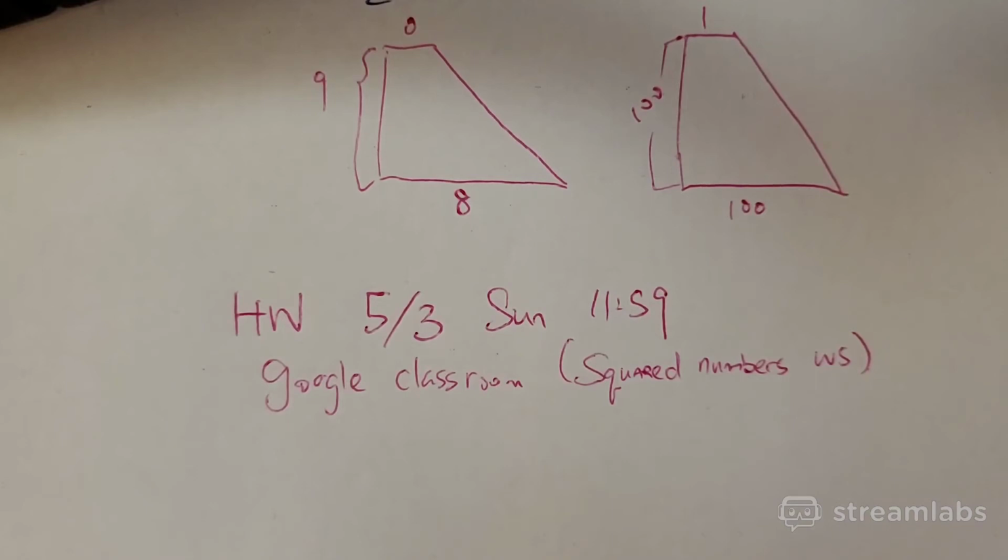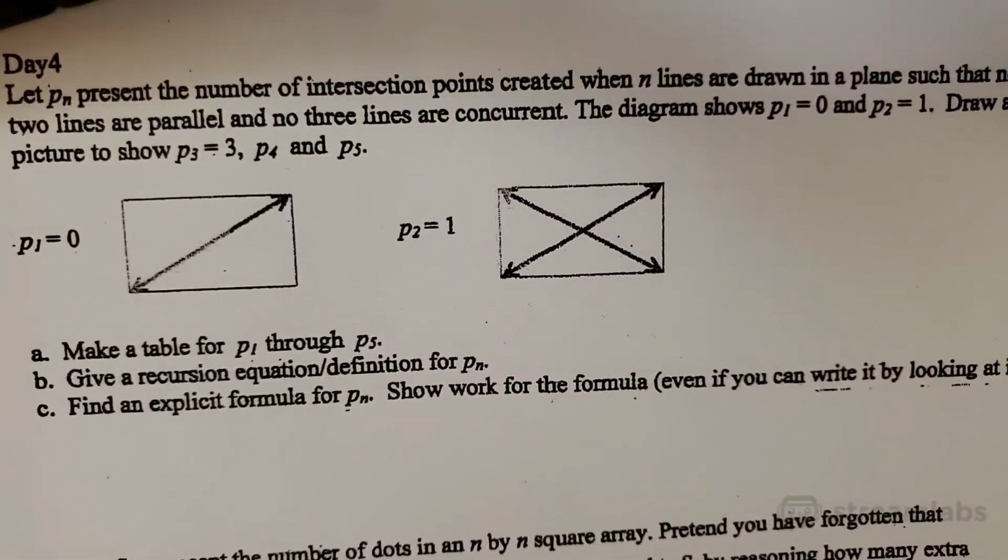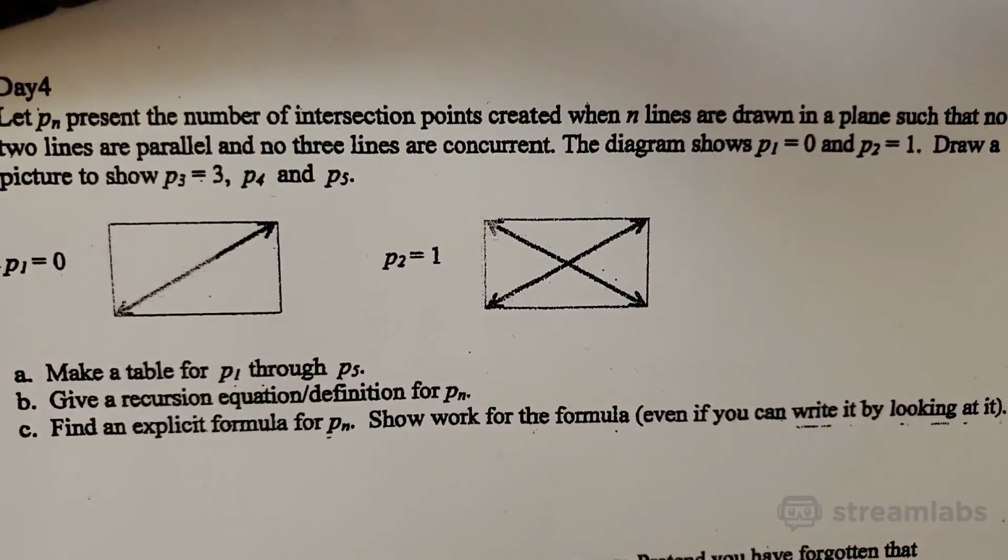So like if Pn represents the number of intersection points you can get, that one. Let me grab the paper. Talking about this one, right?